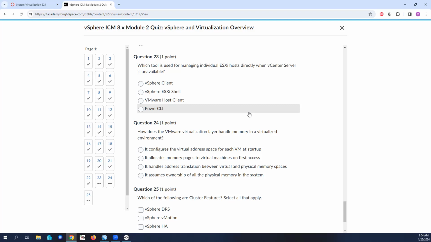The vSphere client? But the vCenter server is unavailable, and that's where you get the vSphere client from. The ESXi shell?